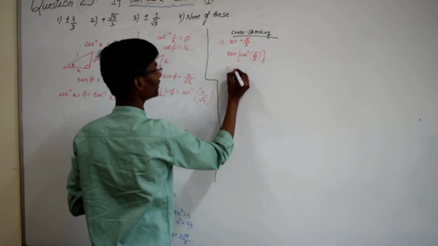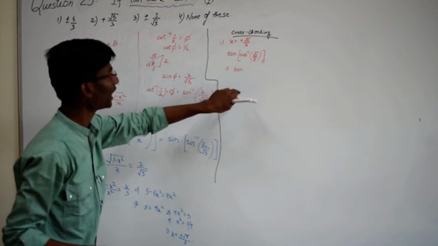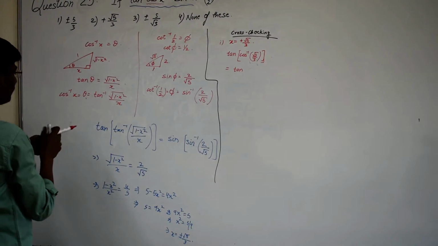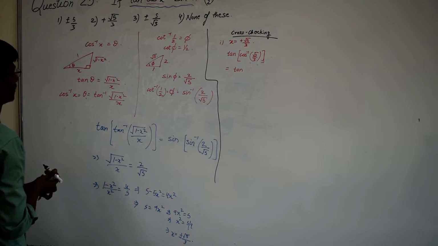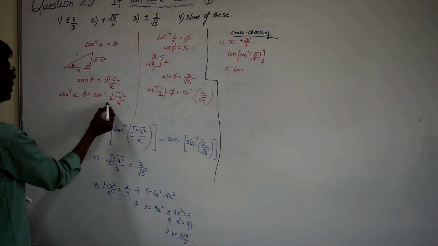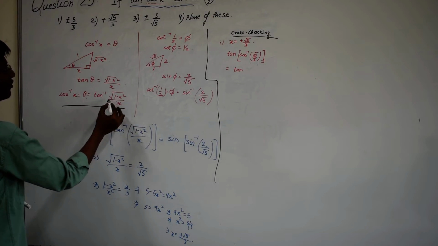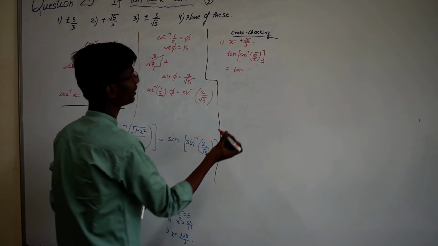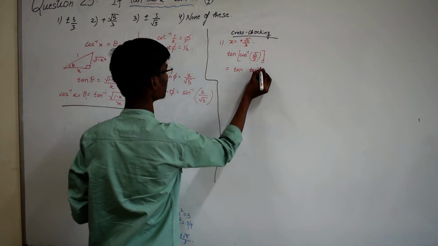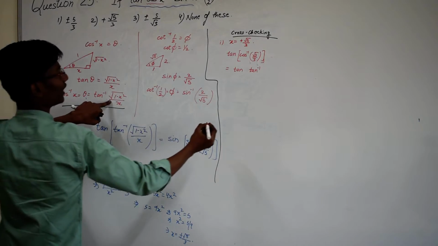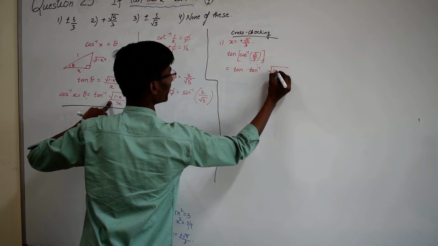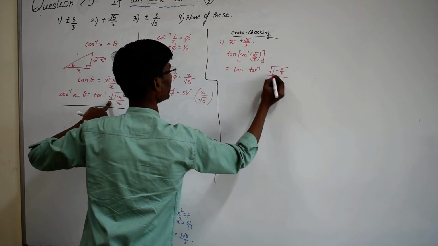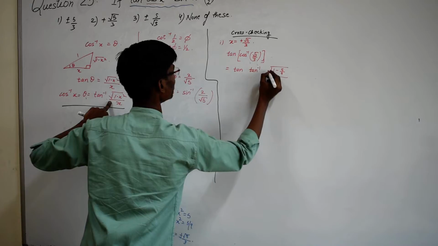Now again converting it using the formula that we derived earlier, cos inverse of x equals tan inverse of under root 1 minus x square divided by x, we can write tan inverse of under root 1 minus x square, whose value is 5 by 9 under the root, divided by x, that is root 5 by 3.